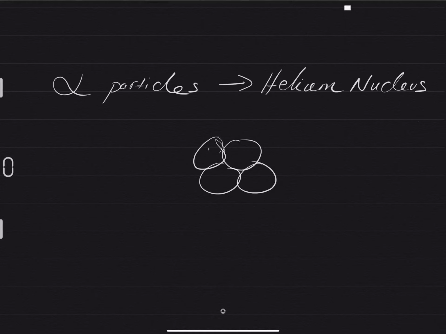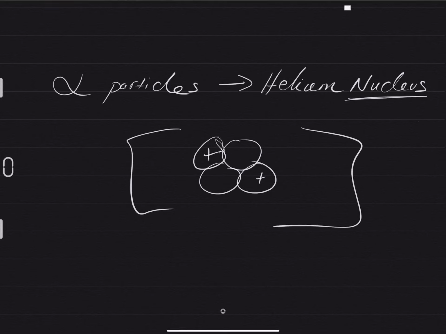However, since we have a nucleus, i.e. helium nucleus, you are expecting to find protons and neutrons within the structure. Now, for this experiment, of the gold leaf experiment, they were using this thing here, an alpha particle, i.e. a helium nucleus, 2 neutrons and 2 protons.